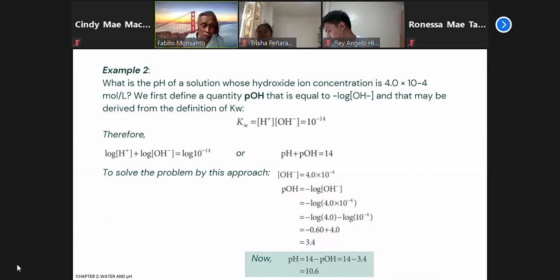To solve this problem by this approach, the hydroxyl ion concentration is 4 times 10 to the minus 4.